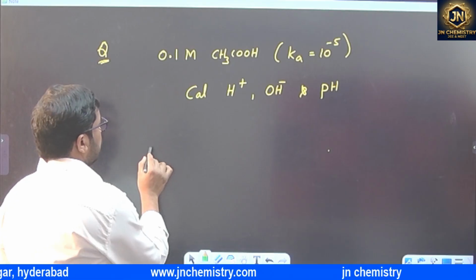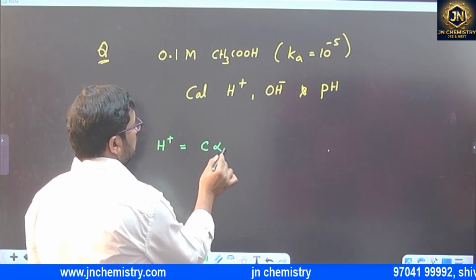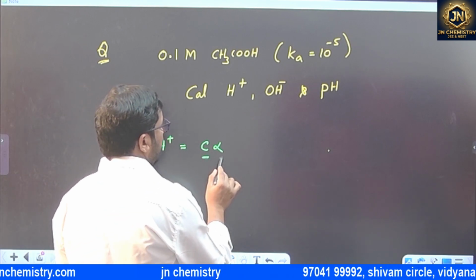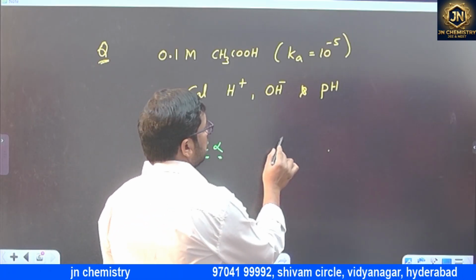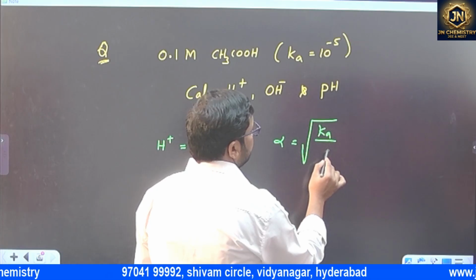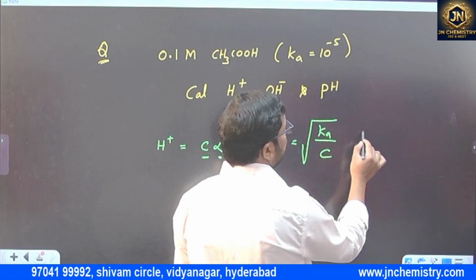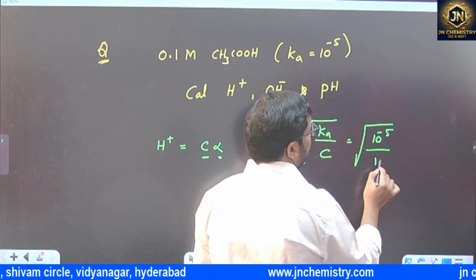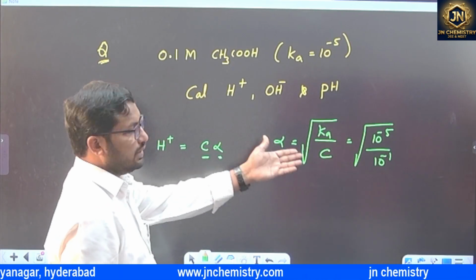To know the H plus ion concentration, C alpha, right? The alpha value they didn't give us, so we need to calculate the alpha. What is alpha? Under root Ka by C. Here the Ka value is given, 10 to the power of -5 by 10 to the power of -1, 0.1 being nothing but 10 to the power of -1.